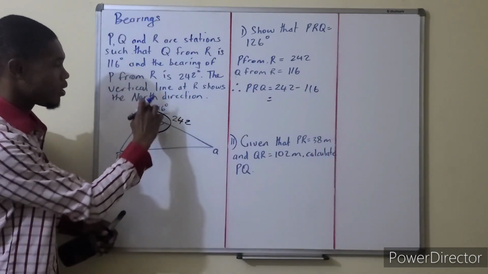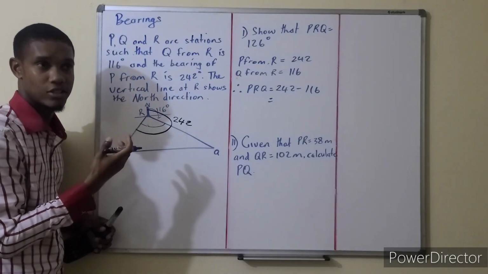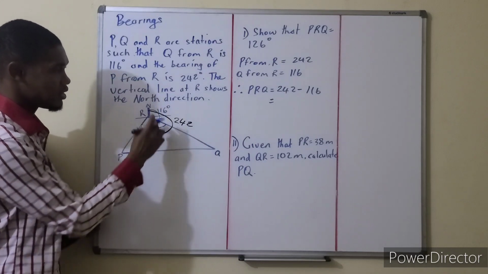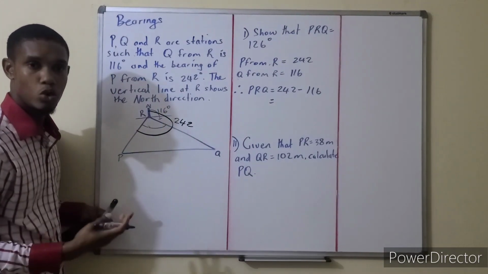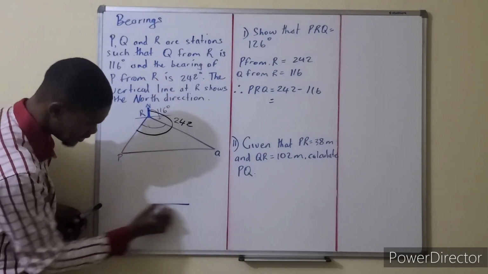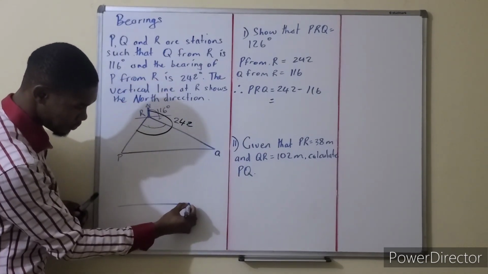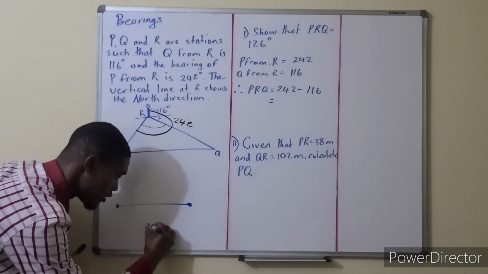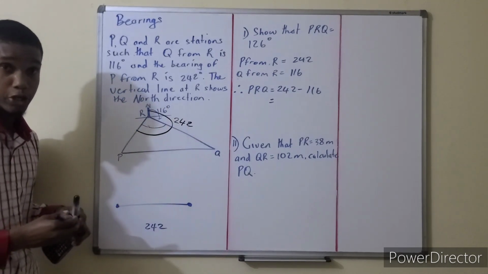So if all of the distance that you traveled is 242 degrees, and a small portion is 116, what's the other part of the journey? So let's extend it here. They're telling you that from this point to this point, all of that must be 242 degrees in journey.